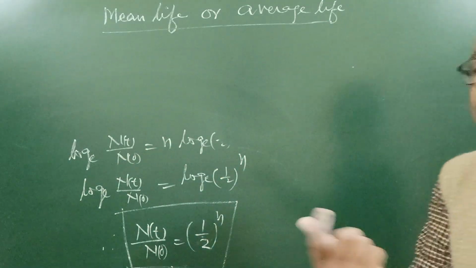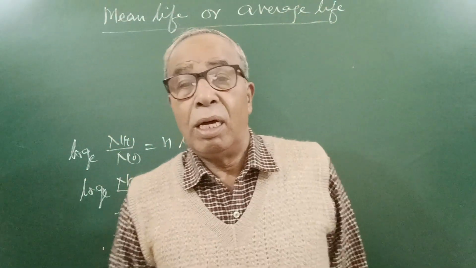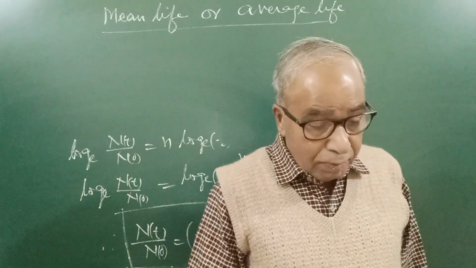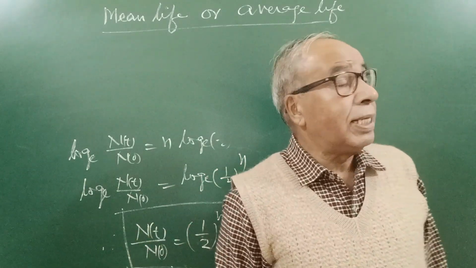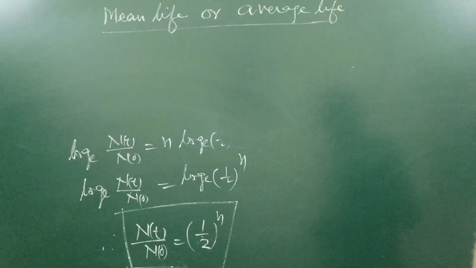Then how to find the average age of a given society? We notice the lifetime of different people, and take average of all that. So that is called average life.